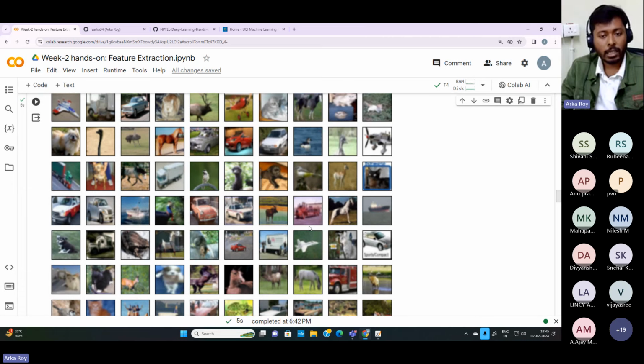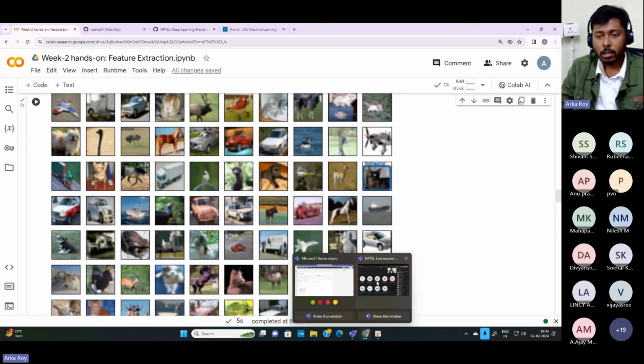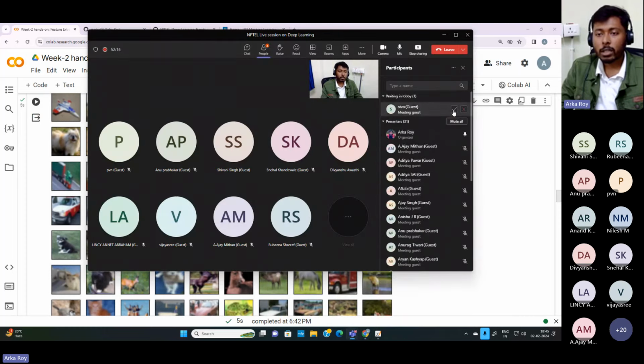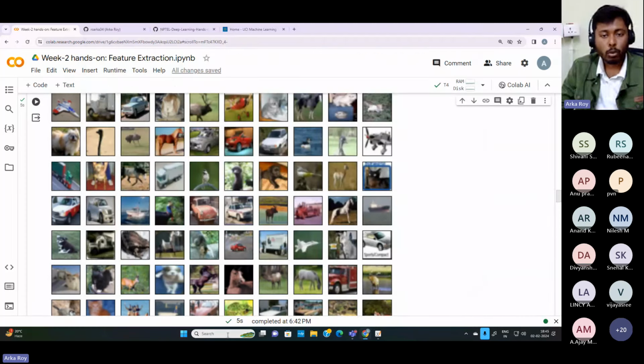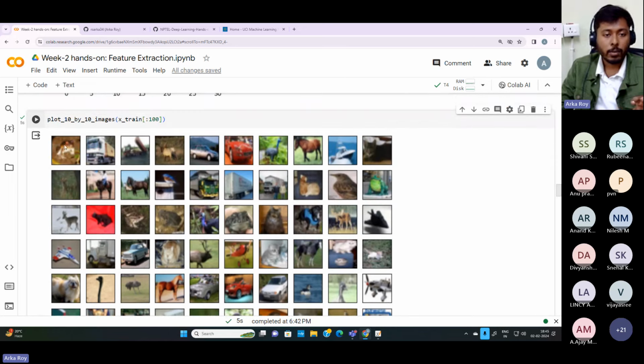But in this case, you are training the model using low resolution images, which are hard for us to recognize. When the model sees these images over time, over the epochs and iterations, it starts understanding that even though the image is very blurry or the resolution is very poor, it can map it to the particular class.